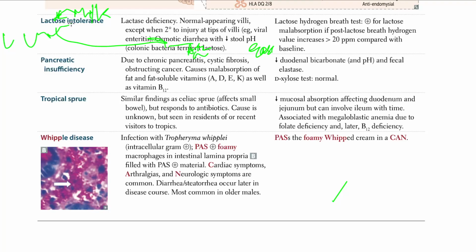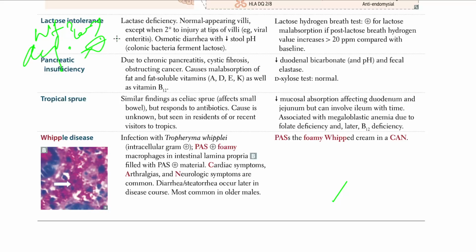There is no weight loss here because there is no deficiency in calories. So they will say, do you have lactose intolerance? Do you have weight loss? No, there is no weight loss. Why? Because you're not deficient in calories. You take milk, you have that. You don't even take milk, you're fine. You can live without milk.